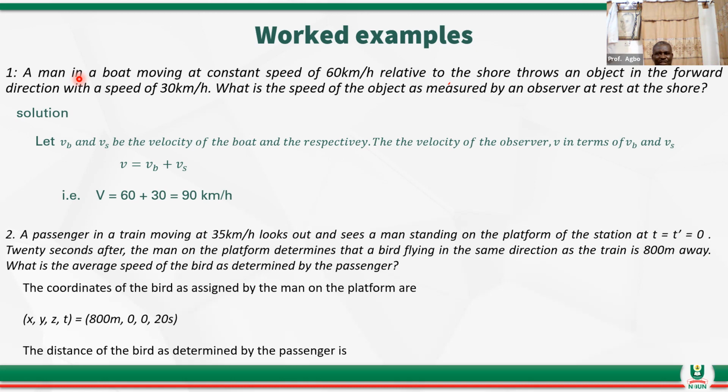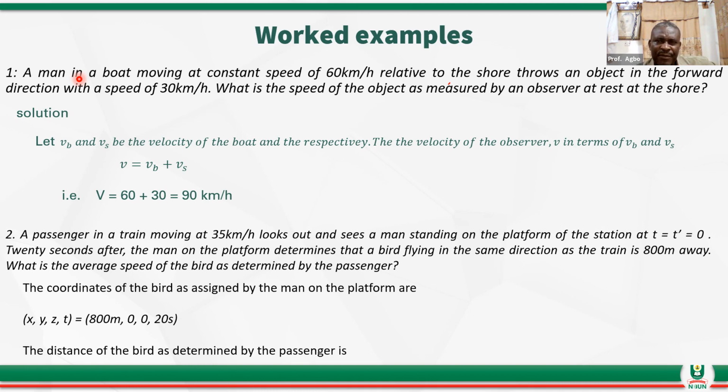So in order to solve our problem, we say let VB be the velocity of the boat and VS be the speed or velocity of the object thrown.